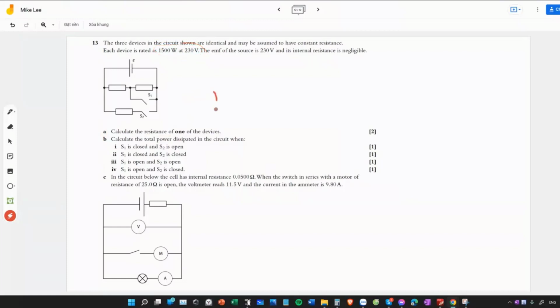Power equals I squared R, or, given the voltage and we are asked to find the resistance, V squared over R. P is V squared over R. So please write it in, and then solve for the resistance R.